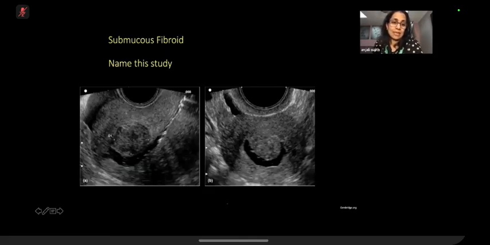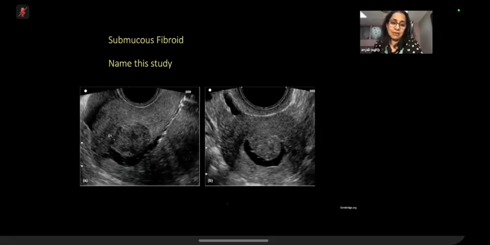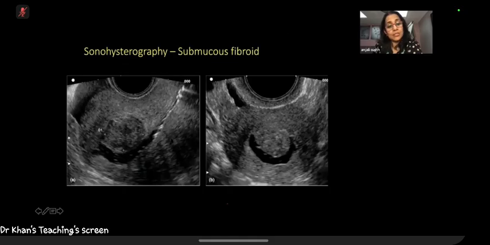This is an ultrasound scan showing a submucous fibroid, but this is a special type of ultrasound scan. Can you name this study? It's a transvaginal ultrasound, but there's something more to it. Okay, I'll take over. This is called a sonohysterogram, or sonohysterography.